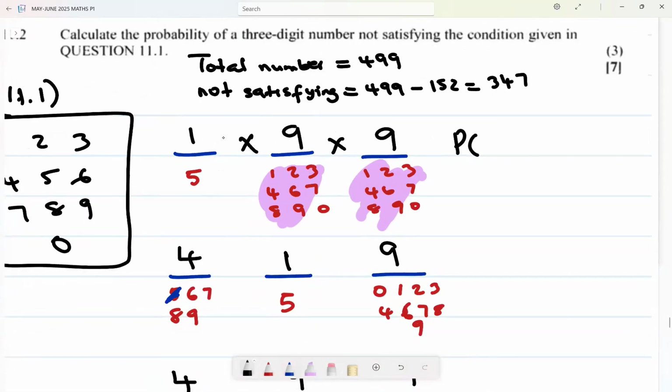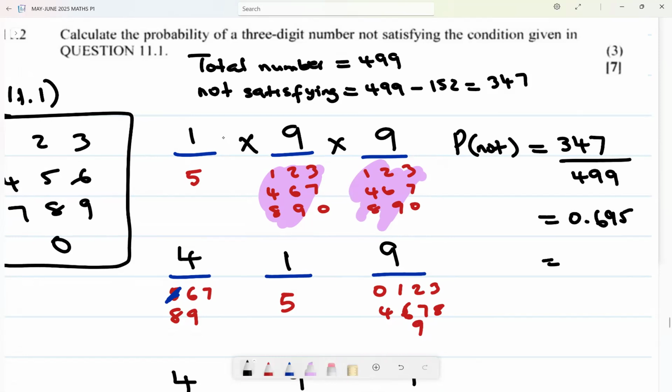So the probability not satisfying the condition is going to be 347 divided by the total numbers that I can have, which is 499, which is basically how much? 347 divided by 499 gives me something like 0.695, or you can say 0.7.